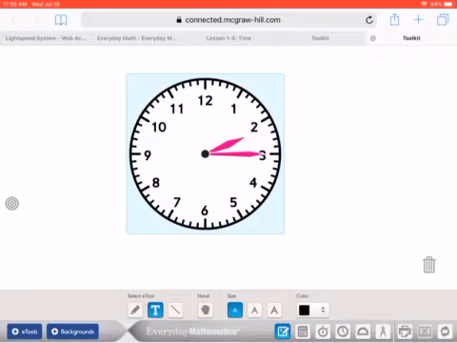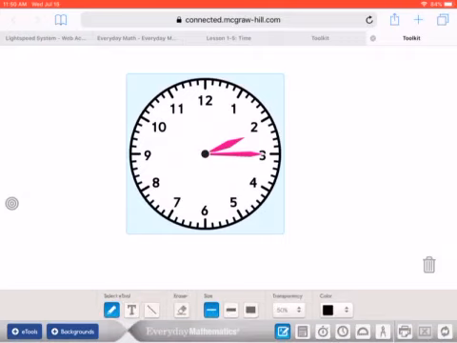And so as we are working on these, I'm going to mark my hour hand right here so we know. And I'm going to mark my minute hand as we are moving from 2:15 to 2:40. Okay, so I'm going to grab my minute hand and I'm going to move us down.